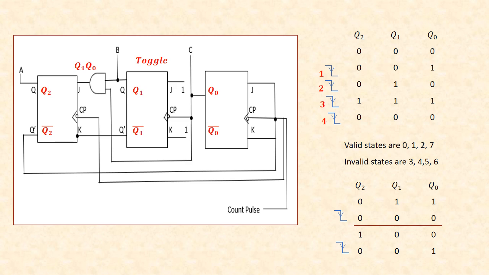A self-starting counter is a counter which goes back to a valid state, whether it starts from a valid state or from an invalid state. It should go back to a valid state. So let us check. Suppose the counter is in invalid state 3, that is Q2 is equal to 0, Q1 is equal to 1 and Q0 is equal to 1.